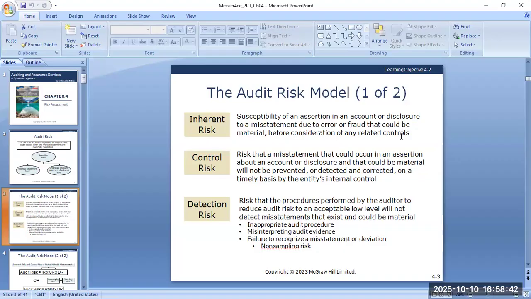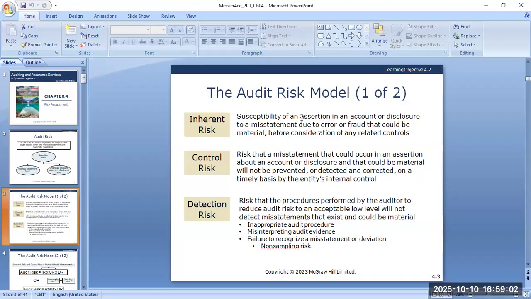So this one is kind of heavy. Now, inherent risk, you can simply say that inherent risk is related to the nature of the business and the environment that the company is currently working in.